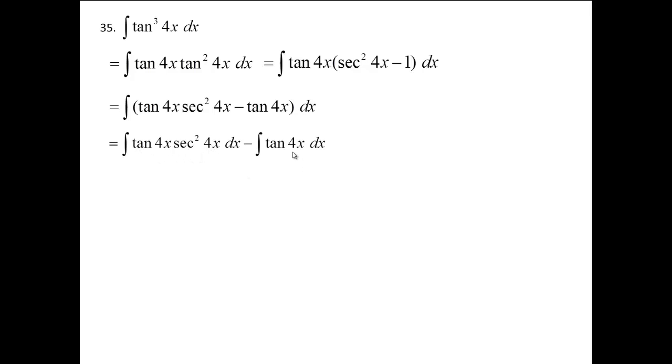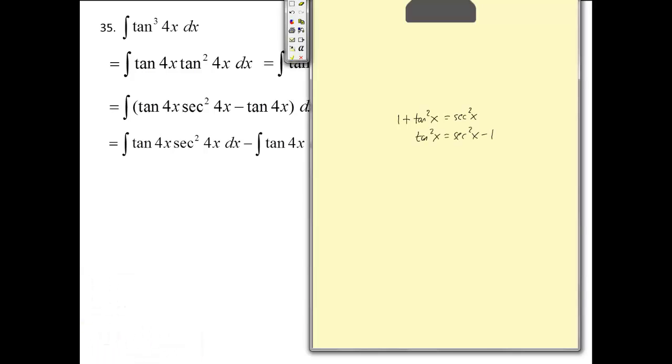On the second integral, let me just remind you one more time, over here in my handy dandy notebook, that we know the antiderivative of tangent x. That integral is the negative natural log absolute value of cosine x plus c.